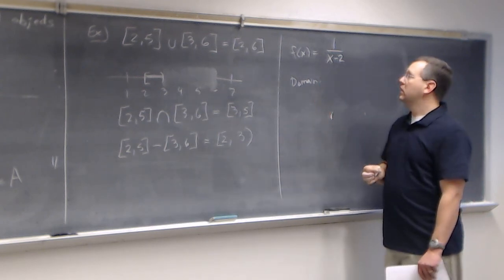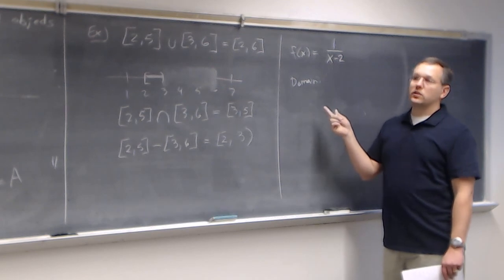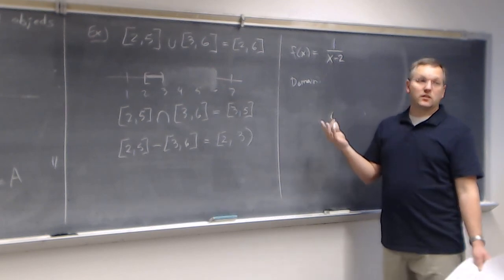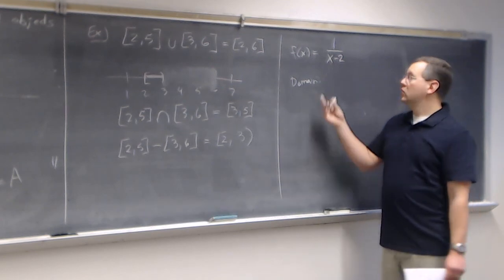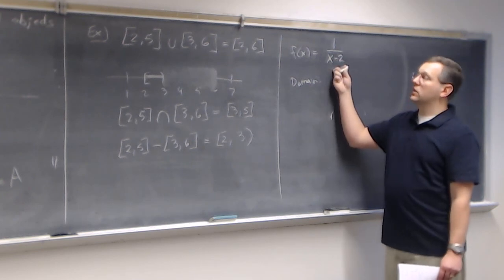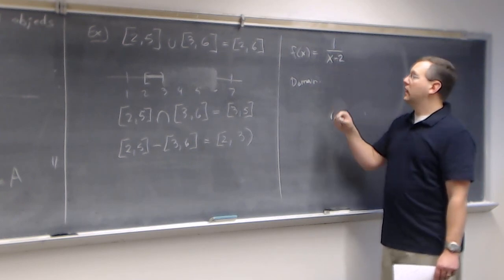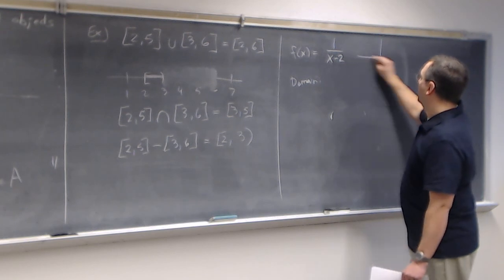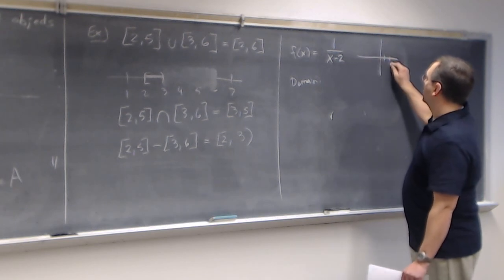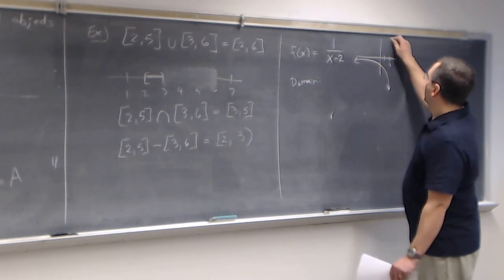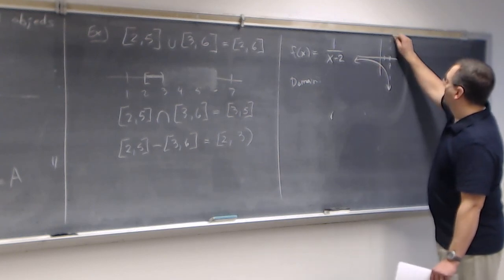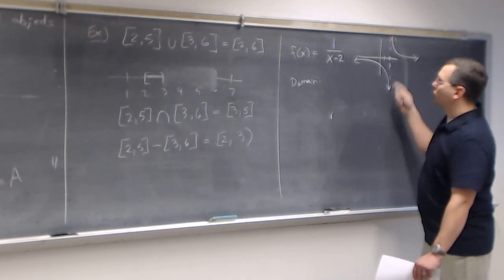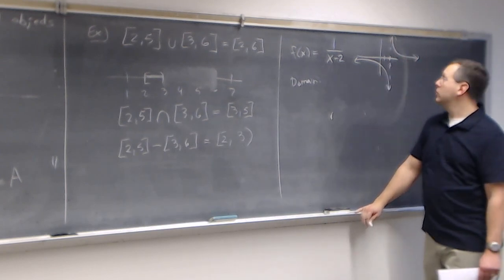That's one way to think of it. But we'll talk about functions this semester as just sets of points in the real plane. If you look at the graph of this function, there's going to be a problem at the number 2. It's going to have what we call a vertical asymptote at x equals 2.